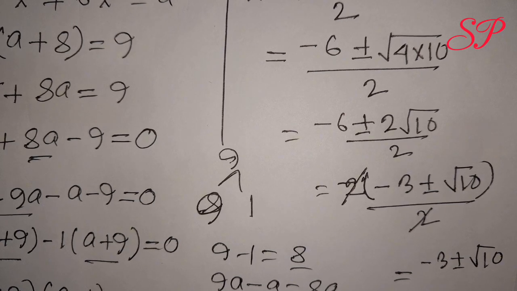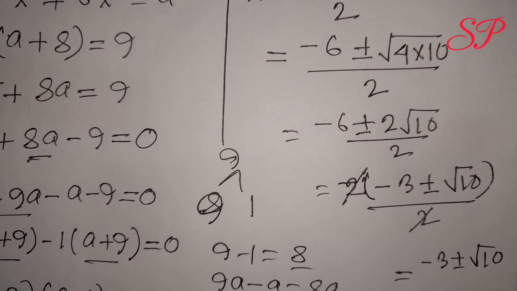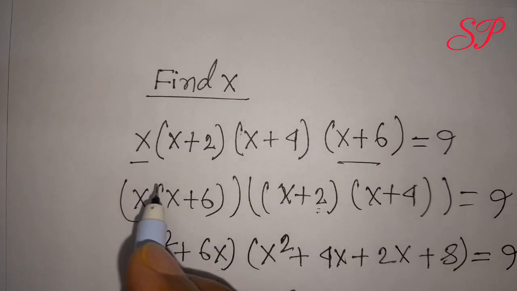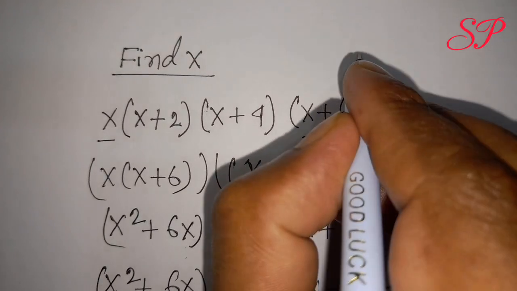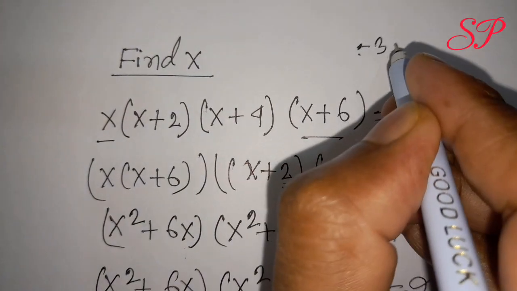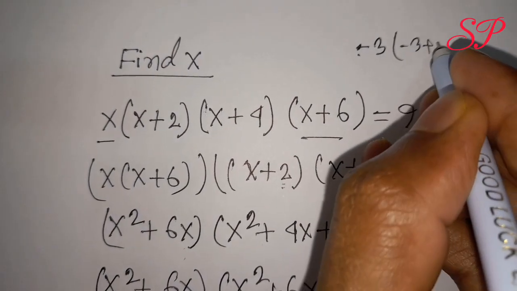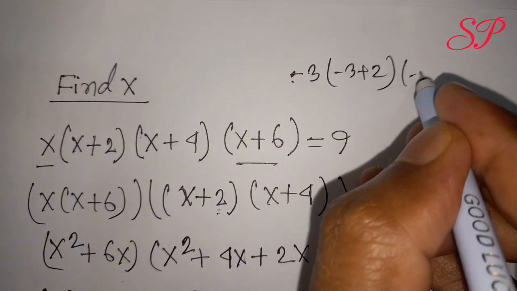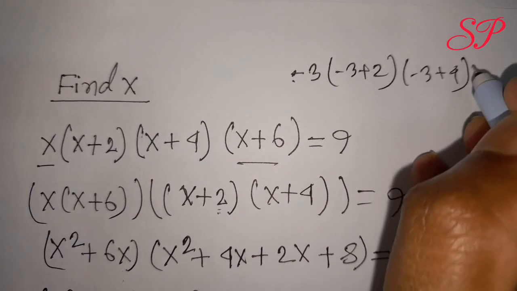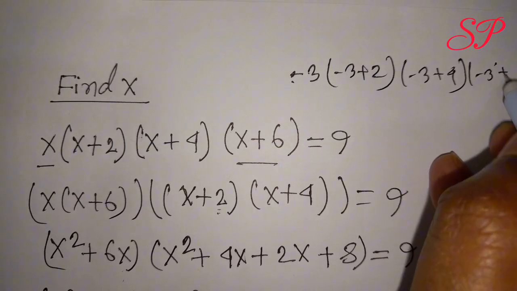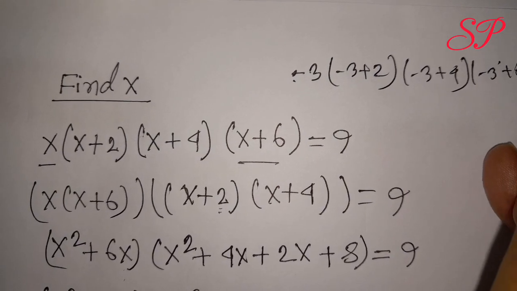Okay, and check for x equal to minus 3. We can write minus 3 times (minus 3 plus 2) times (minus 3 plus 4) times (minus 3 plus 6) is equal to 9.